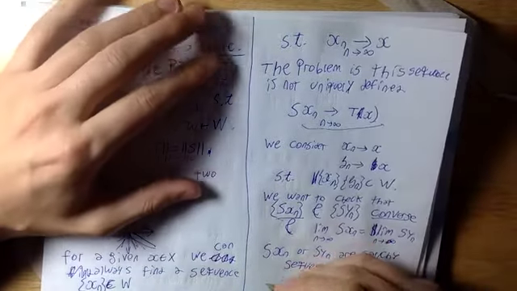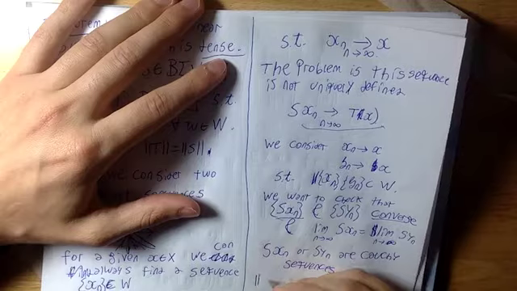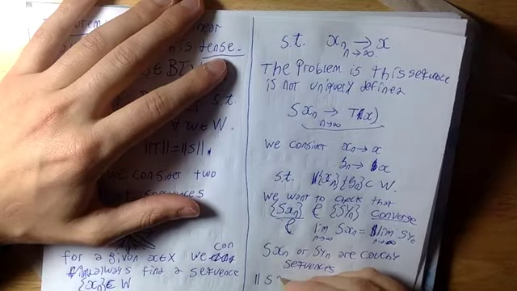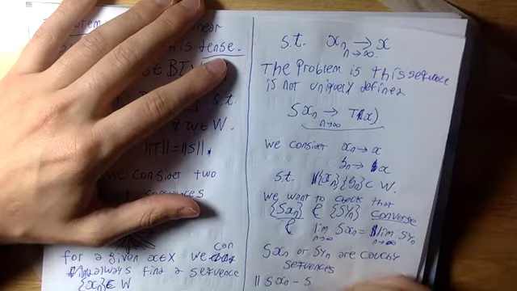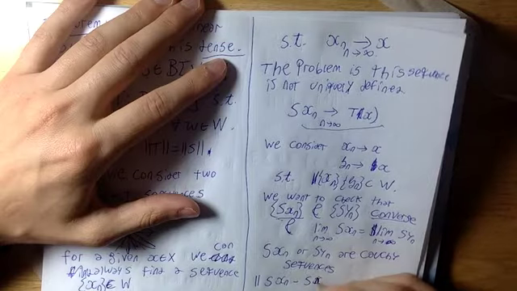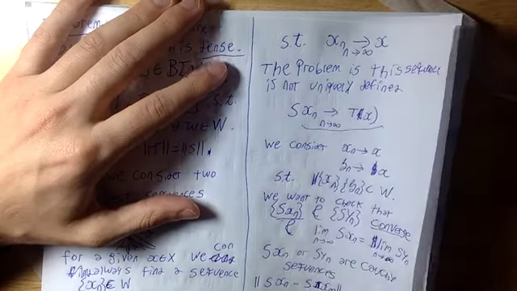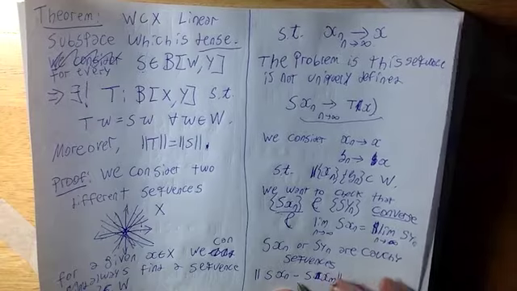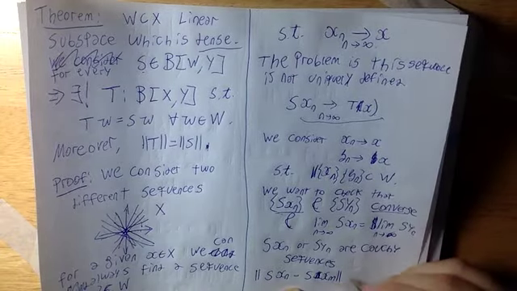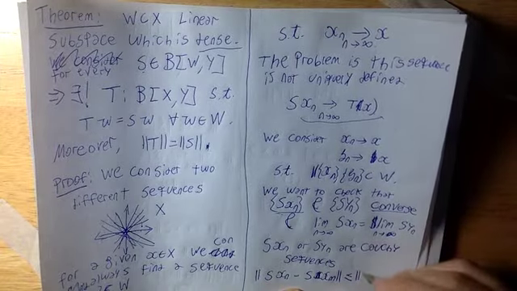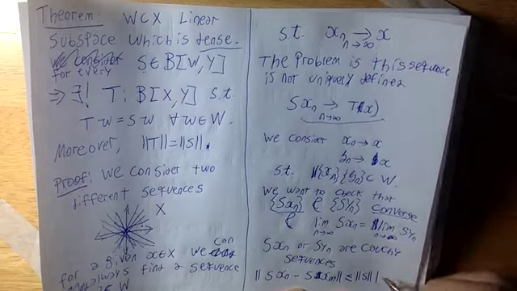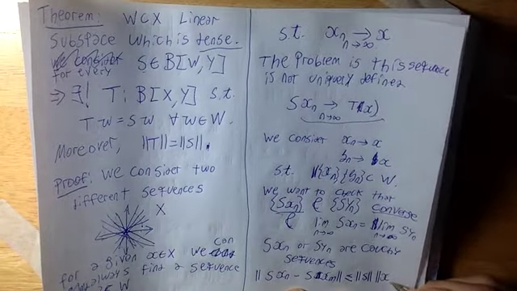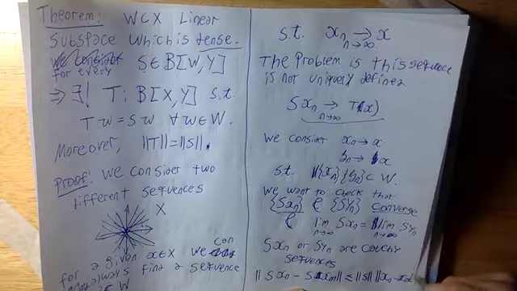So you take the norm of Sxn minus Sxm, and we want to show that this is small when n and m are big enough. So this is less than or equal to the norm of S times the norm of xn minus xm.